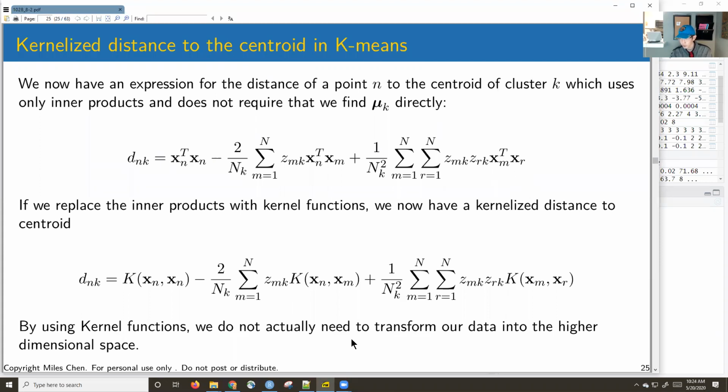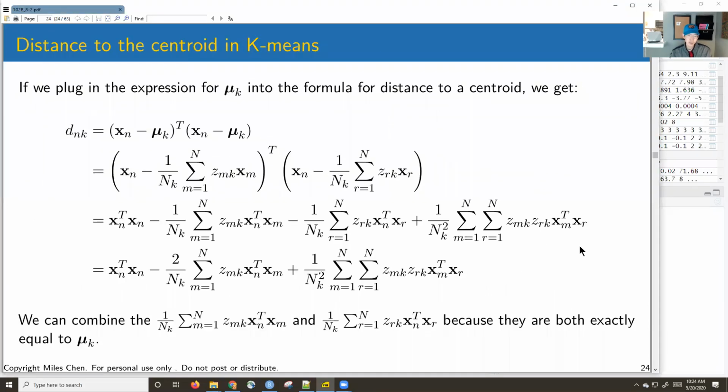Okay, so why do we split the mu sub k between m's and r's? When you do products of these things, you want to allow for the summations to happen separately. If you have them both with the same subscript, you're basically looking only at the diagonal.